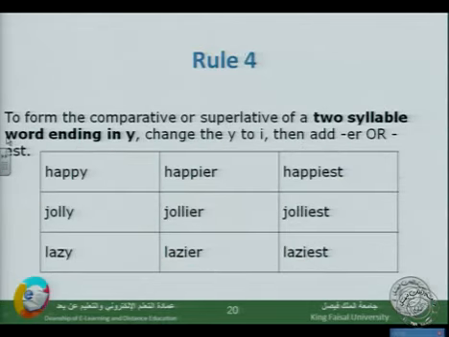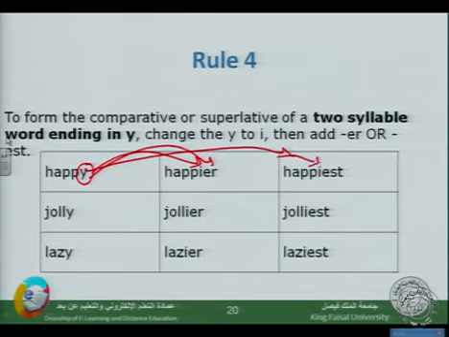Rule number 4. To form the comparative or superlative of a two-syllable word ending in Y, هذا أخذناها, change Y into I and then add ER or EST. وأخذنا مثال funny، لكن على شاكلتها happy. Two-syllable adjective. We change Y into I and then we add ER to make a comparative form. The same thing with the superlative.